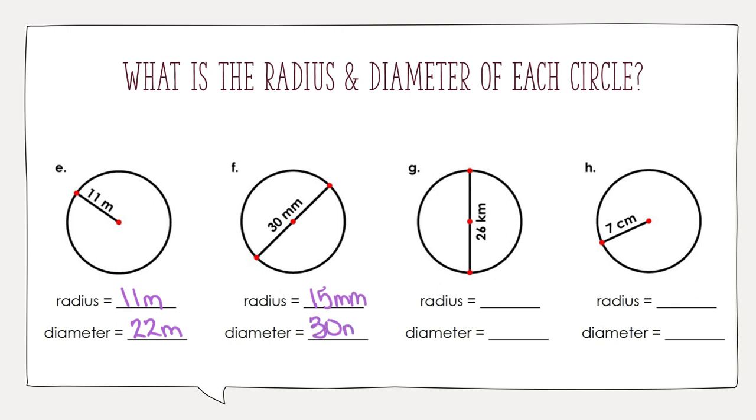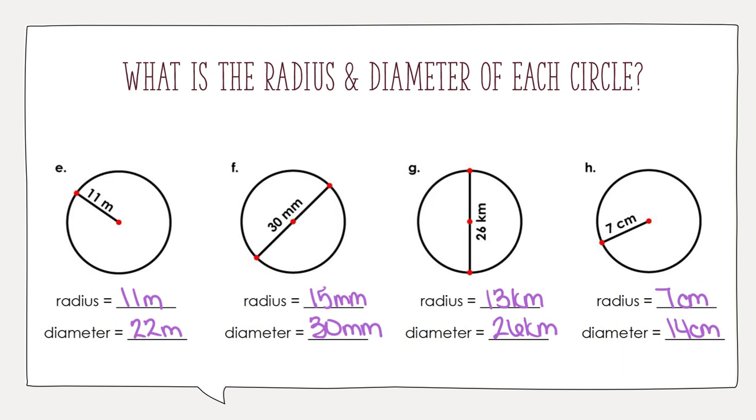Very good. All right, G. Lawson. The radius is 13 millimeters and the diameter is 26 centimeters. Very good. H. Colby. The radius is 7 centimeters and the diameter is 14 centimeters. Very good.